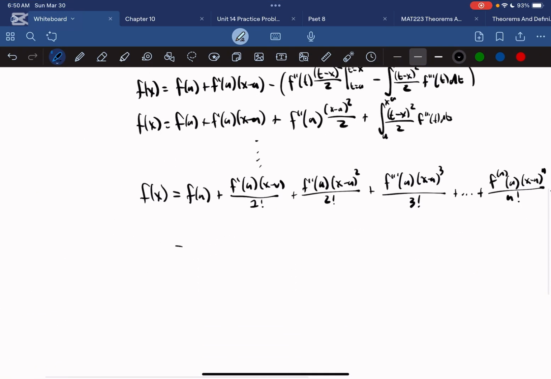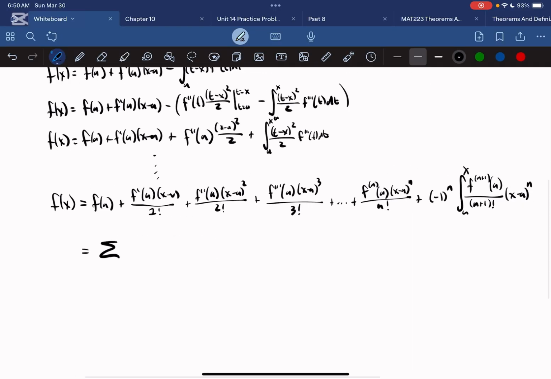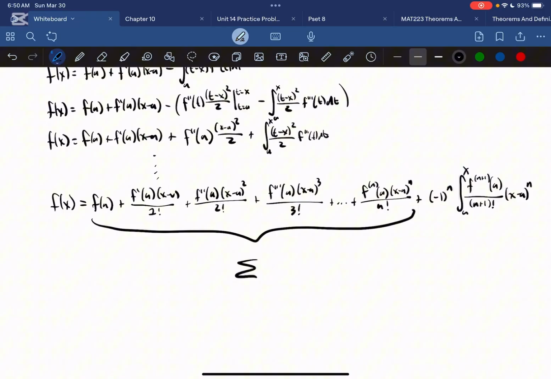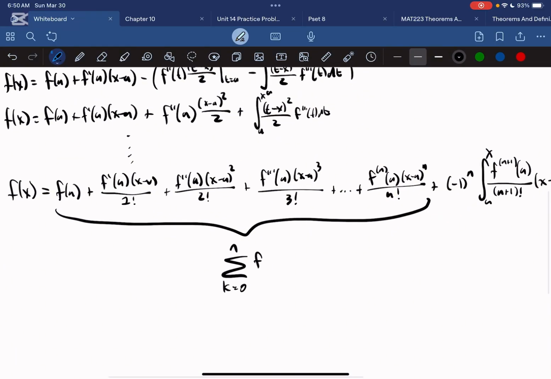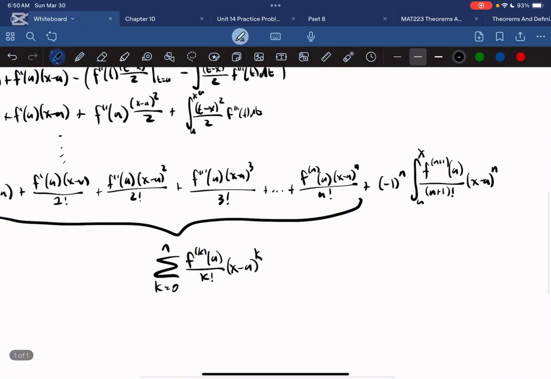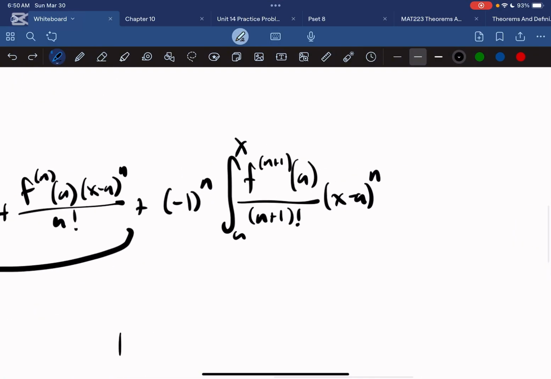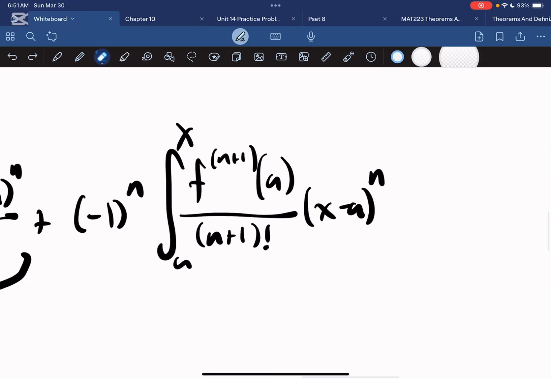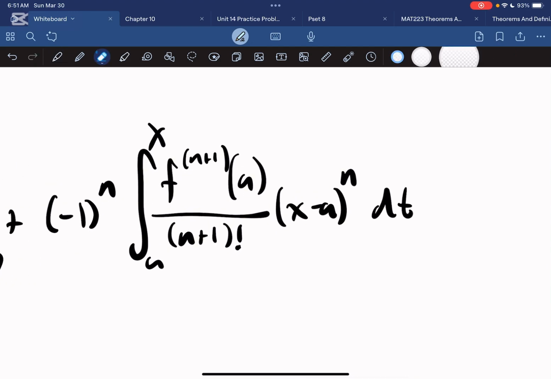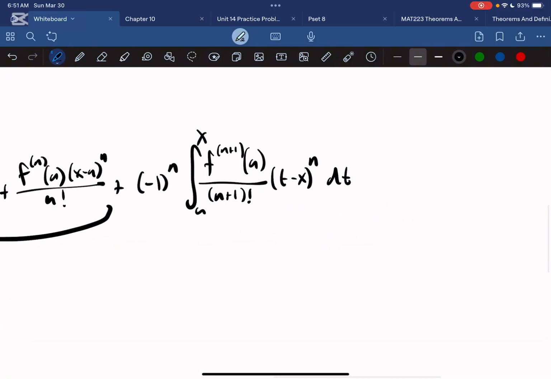Okay, and now we see this is equal, right? This whole first part, right, is equal to the finite sum of our power series centered at a. Right? And something, sorry, this should be dt, and this is t minus x, yeah.